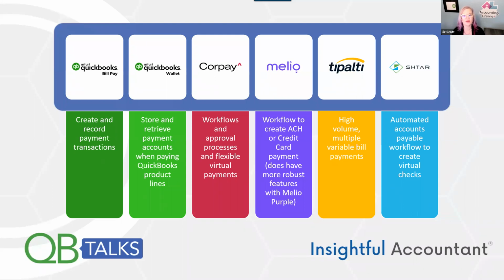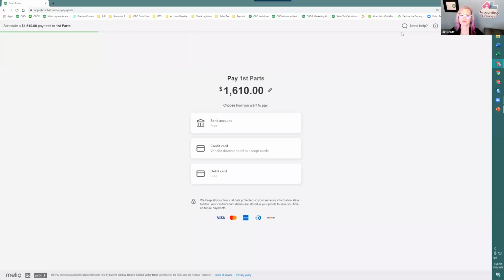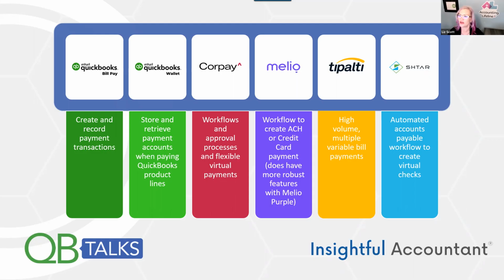Corpay, same way. I would say go and look at both of those. And then lastly, we have Shatars over here. They're going to be able to do that end-to-end virtual processing as well, and it's also a solution you would be able to utilize for a lot of your variety of clients.